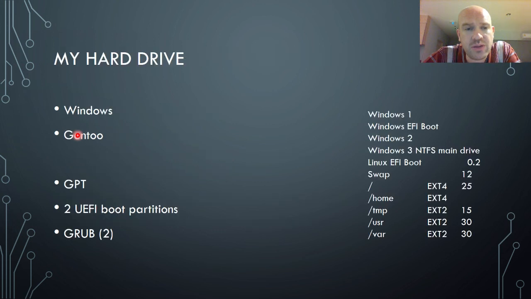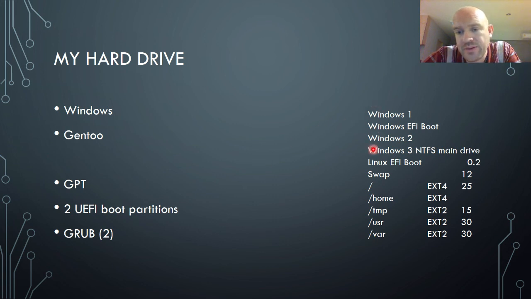And after all of this, my conclusion for my own hard drive is that I'm going to use Windows and Gentoo dual booting. I'm going to use GPT, and I'm going to use 2 different UEFI boot partitions. And on one of those UEFI boot partitions, the one with Linux, I'm going to put GRUB 2.